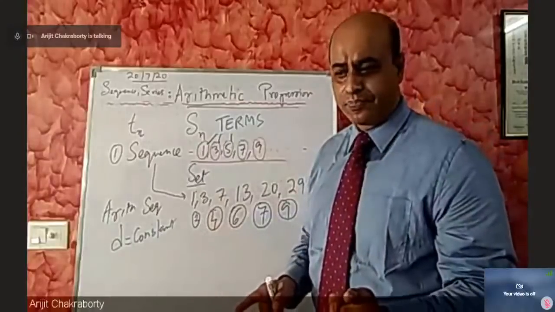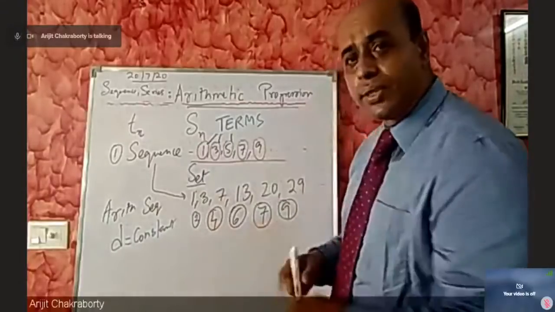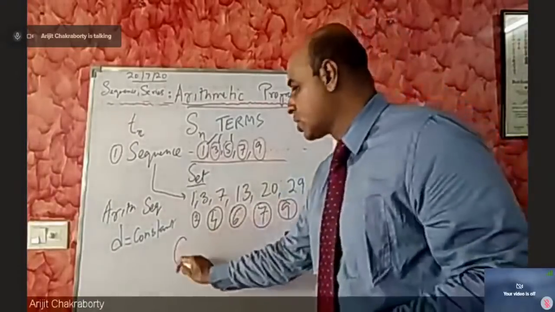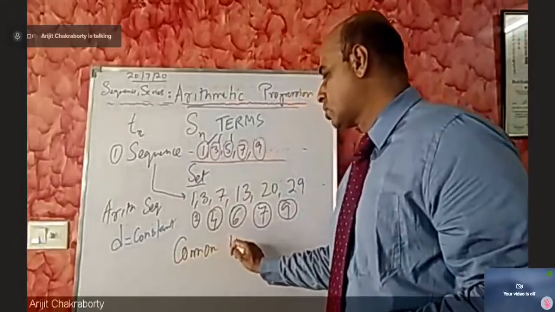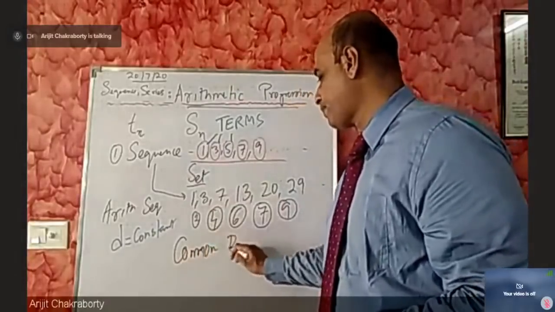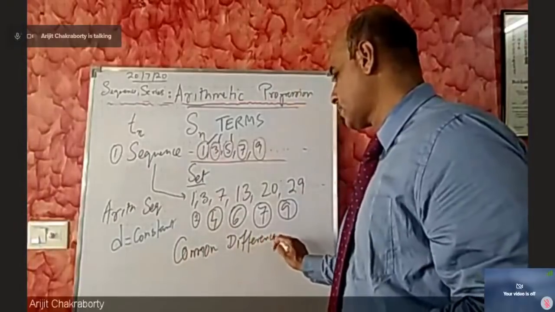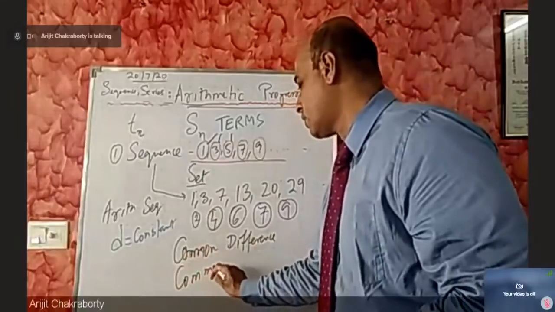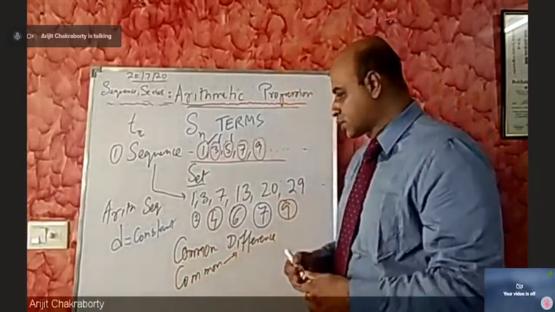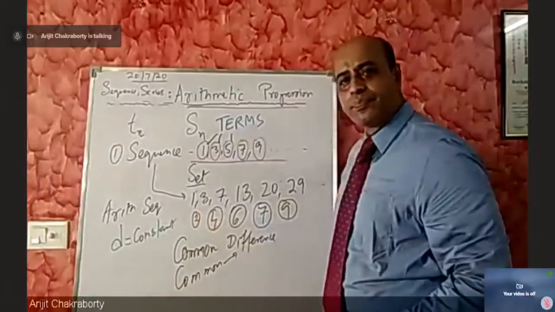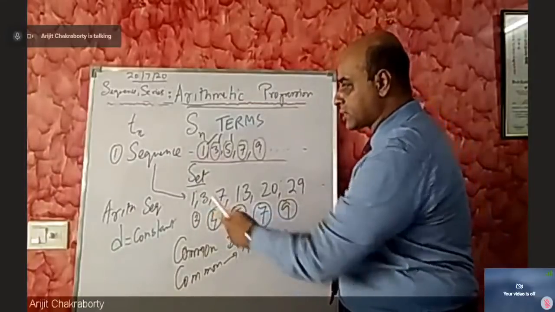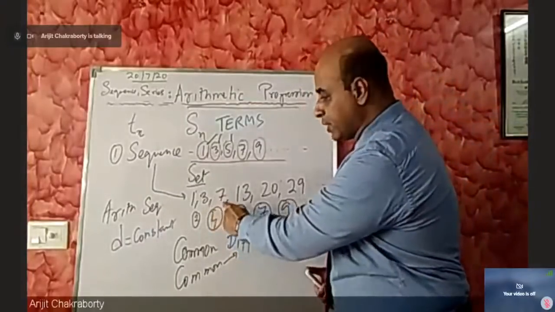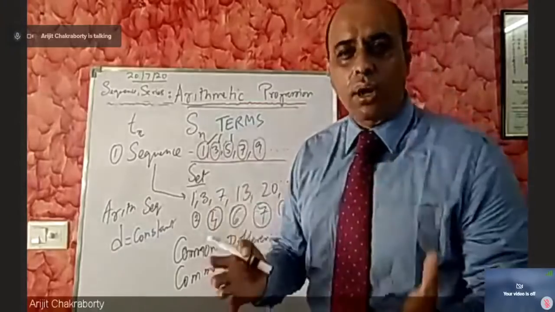And friends, there is one more term which we need to know at this point, which is called common difference. What do you mean by common difference? Common difference means 3 minus 1, the difference is 2; 7 minus 3. The difference between every two successive numbers is called the common difference.